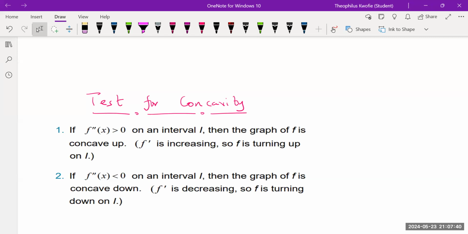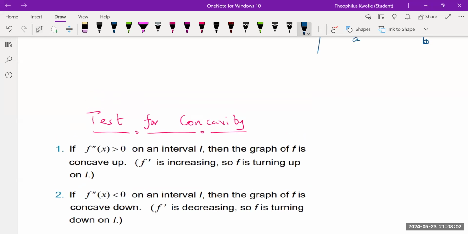Now, the first thing that I want to talk about is that if the second derivative of the function is positive, or is greater than 0, on an interval, okay, so let me underline that. So if the second derivative is positive over the interval I, the interval in our case, we are using AB, it's like we have point A and point B. So within this interval, A to B, that's where we are considering that as our interval.